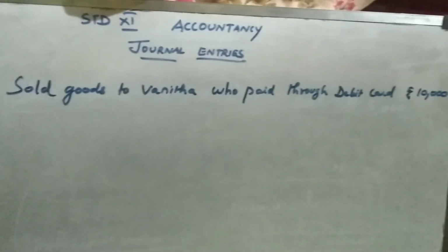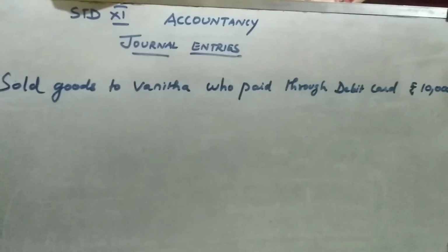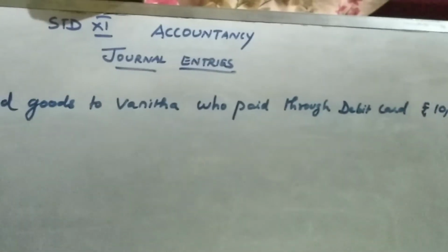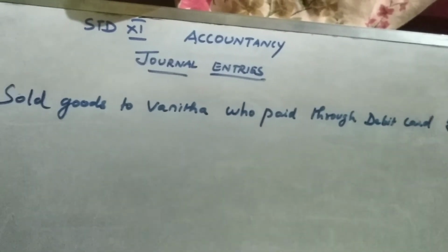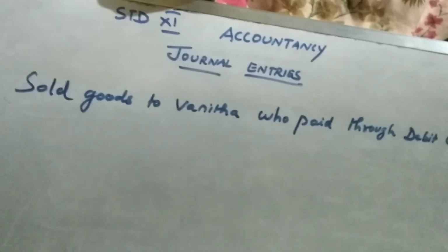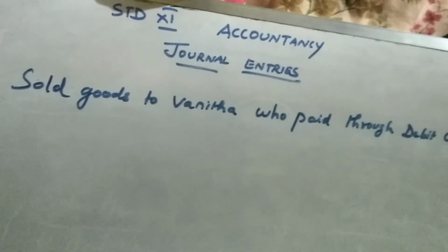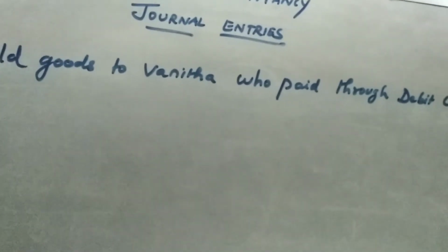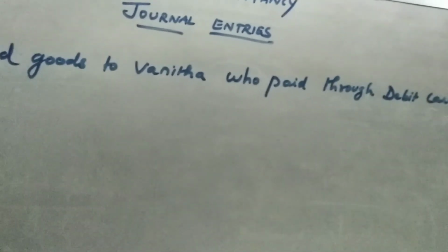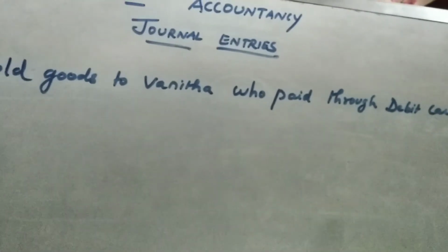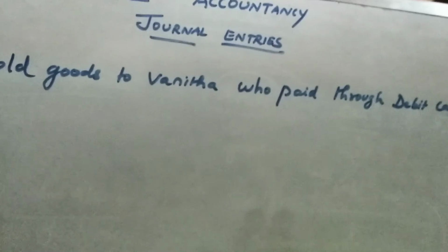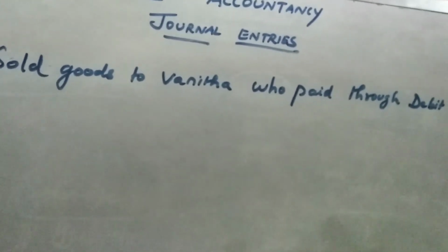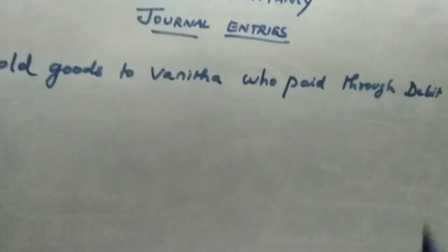The next transaction: sold goods to Vanitha who paid through debit card, rupees 10,000. So it's a point of sale. You are selling goods to a customer named Vanitha and she has paid through debit card. So now it is going to be bank to bank. When a debit card has been used, it is going to be bank to bank.